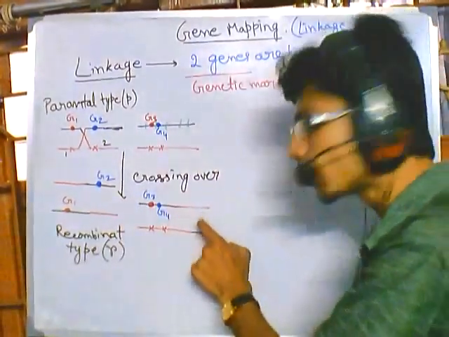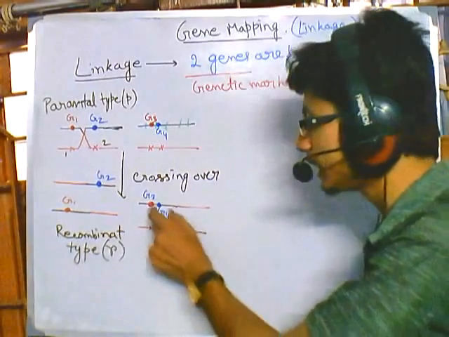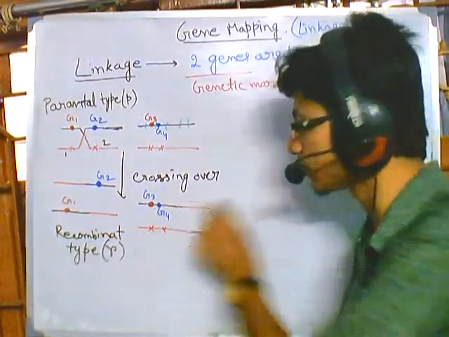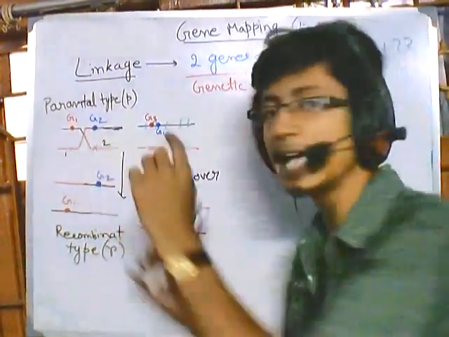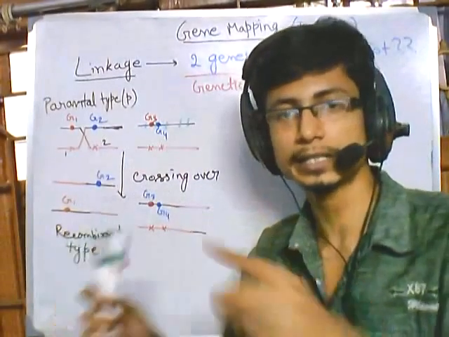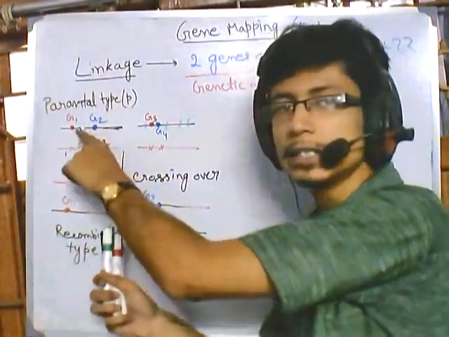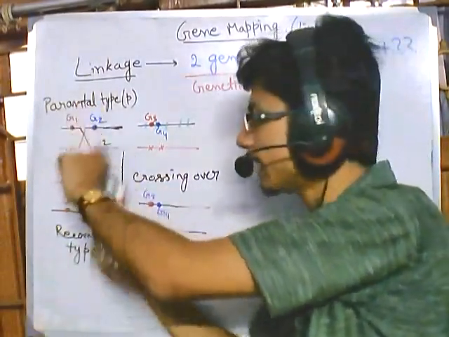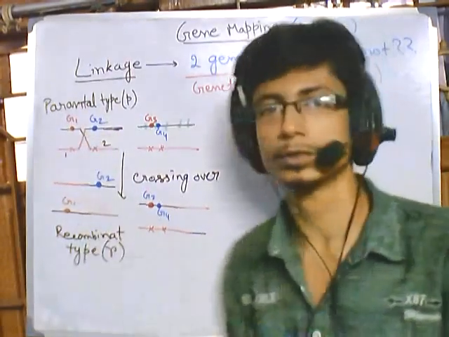Remember, these are also recombinant type, but here G3 and G4 are placed in the same chromosome. But in this case, as G1 and G2 are distantly placed, there is a tendency of having a cut between them and being separated into two different chromosomes.